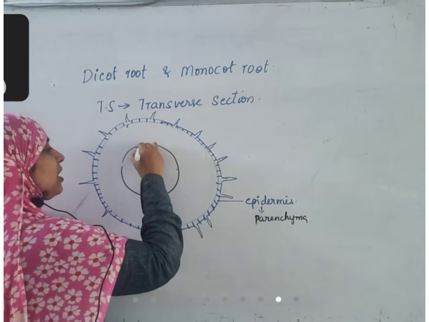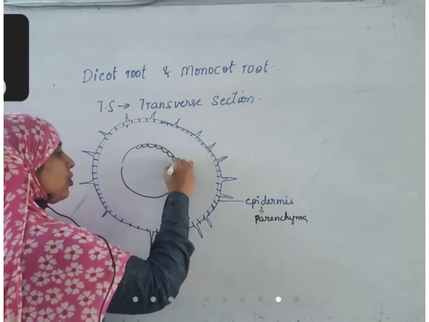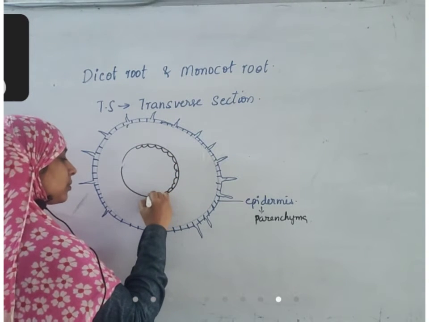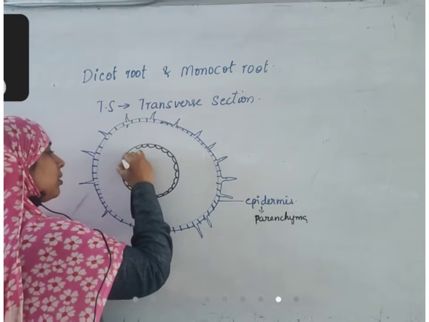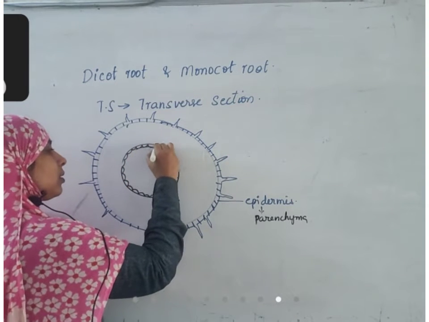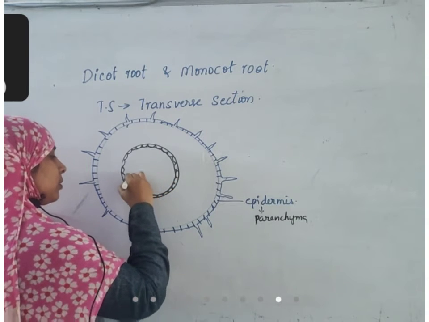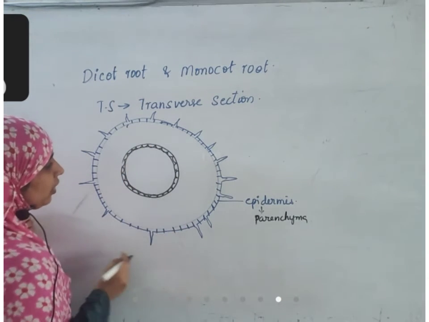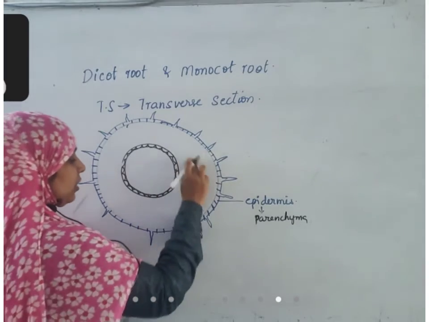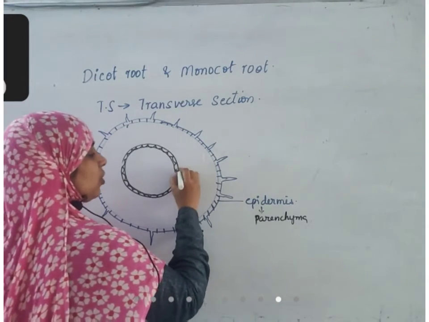The inner layer of the cortex is called the endodermis. Between this, all these cells are cortical cells.